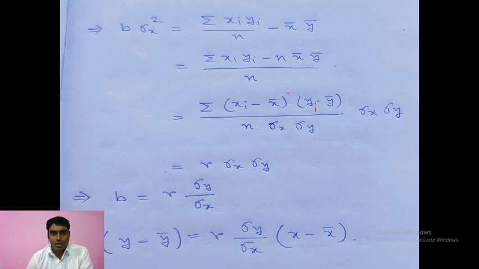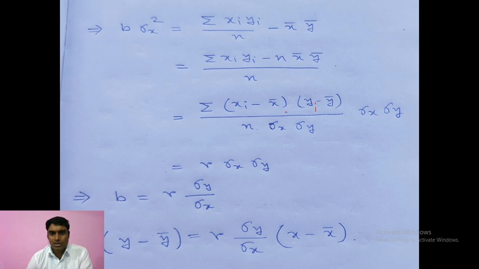Now if you see this term, this is the numerator term, and it comes in the correlation. If you divide this by n sigma x sigma y, then this will be the correlation between x and y. As sigma x sigma y is not there, I am adjusting this by multiplying again by sigma x sigma y.